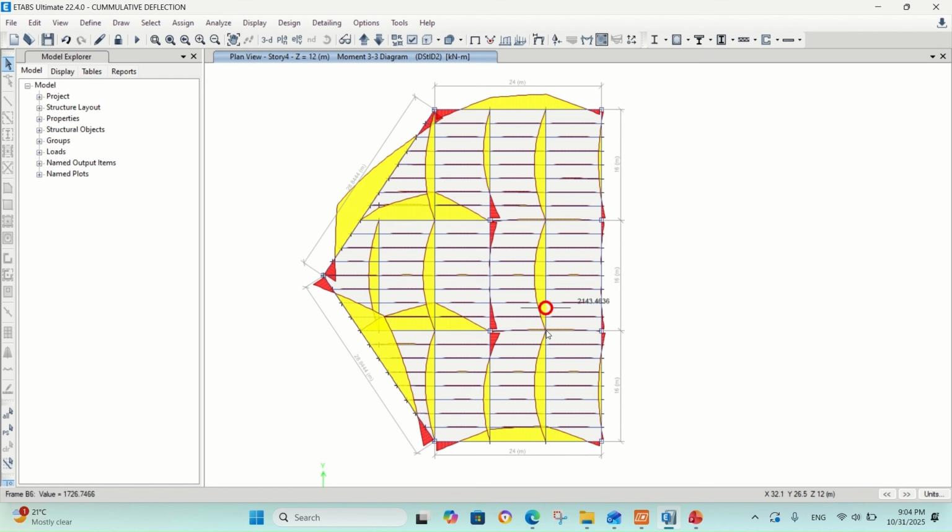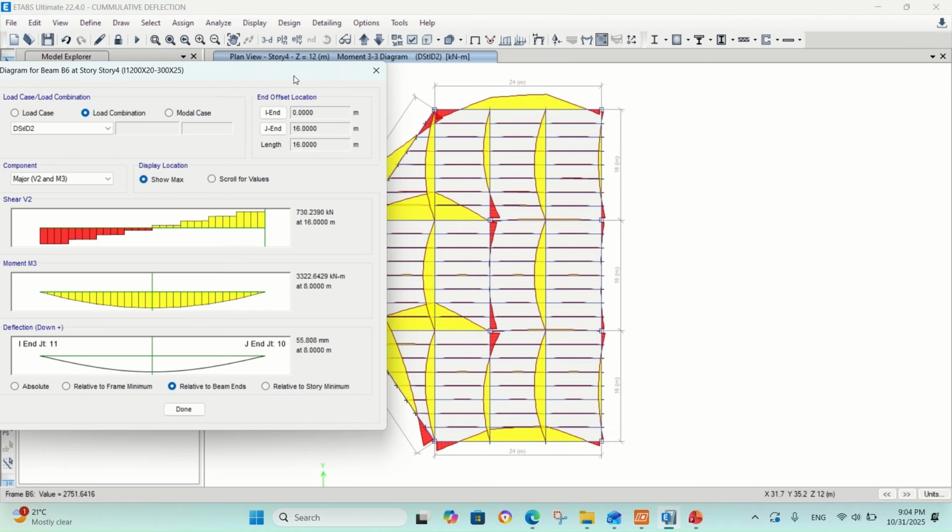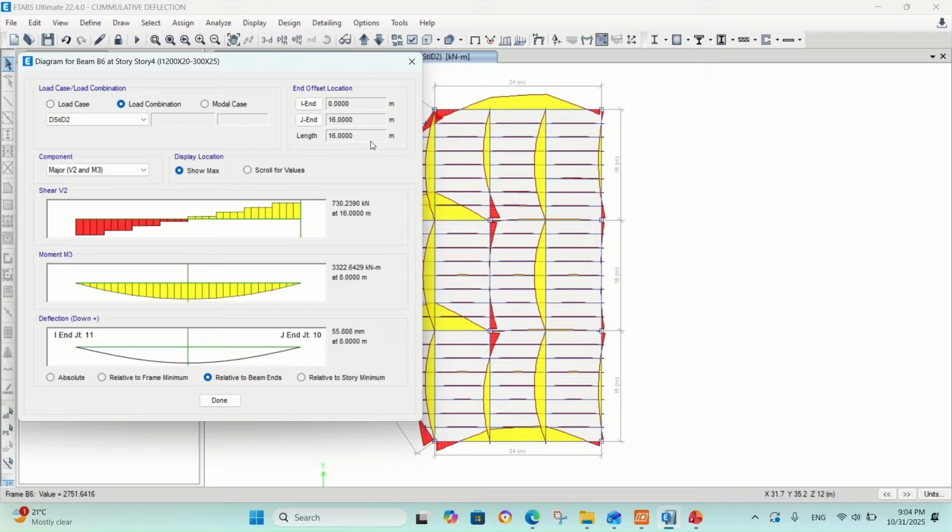We will start with these beams. Right click, and these beams length is 16 meter and the actual deflection under dead plus live load is 55 millimeter. So the allowable as per ASCE and IBC is the length divided by 240 for dead load plus live load.